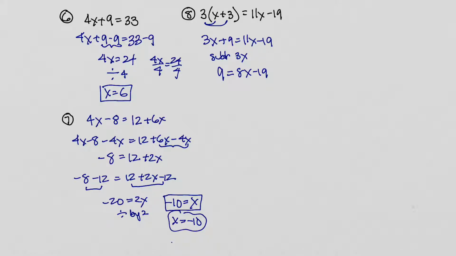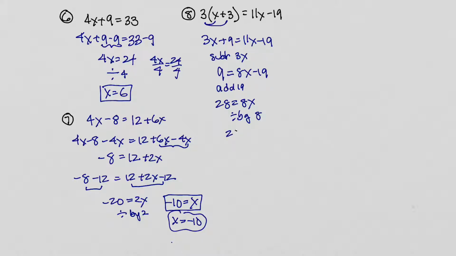And now we're getting close. I need to remove the 19 and the 8. So let's add 19. So I'm going to say what I'm going to do. I'm going to add 19. Let's do it. 9 plus 19 is 28 equals 8x. And then we're going to divide by 8.